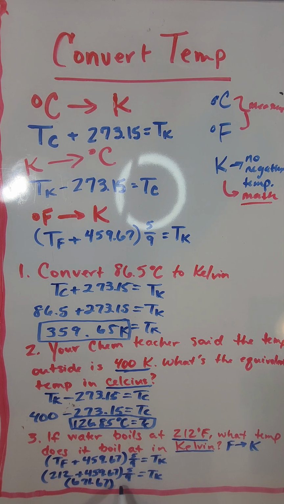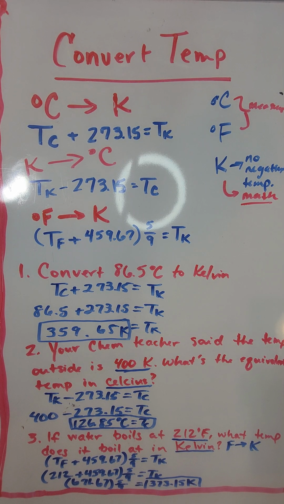Then we take that and multiply by 5/9. I'm running out of space, but that's okay, because that's going to equal 373.15. Again, make sure you put your units. That is Kelvin, and that is your answer.